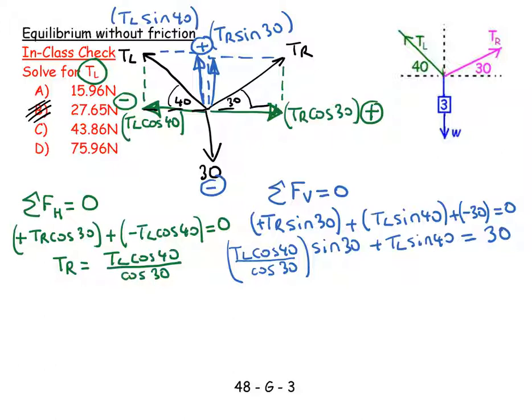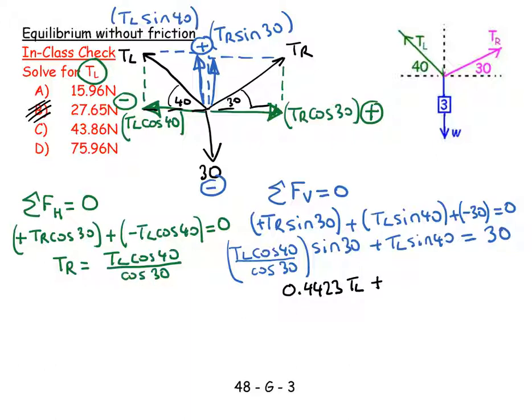I'm in degrees. And then what I do is I say, well, cosine 40, enter, times sine 30, enter, divided by cosine 30, enter. And this is going to equal 0.4423 TL, and then we're going to add on to that.